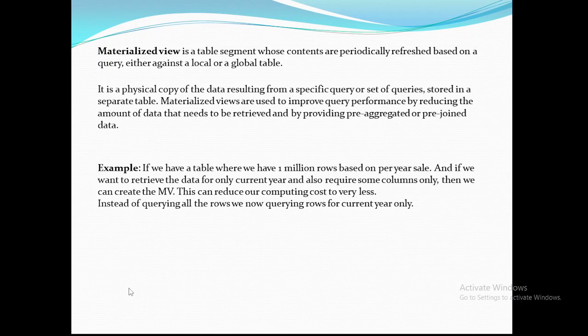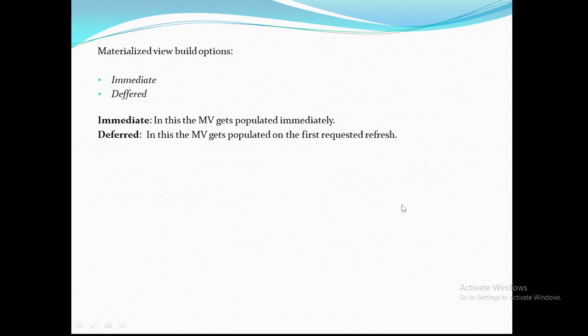So what we can do is create the materialized view. This can reduce our computing cost because we already fetch the result of 1 year into this materialized view, and then we can access that view only. That will decrease the load on the main table, and the view can be accessed very easily without taking so many CPU resources. So instead of querying all rows, we are now querying only a few rows of a particular year.